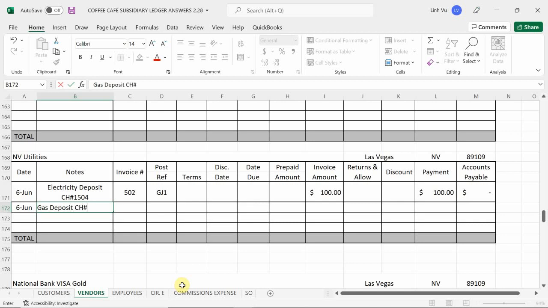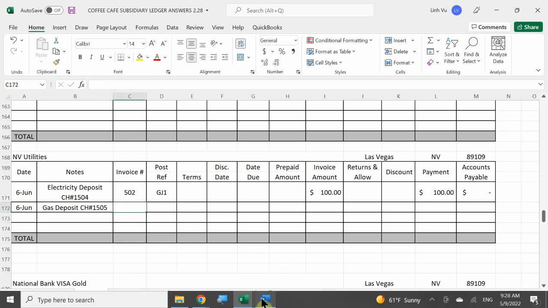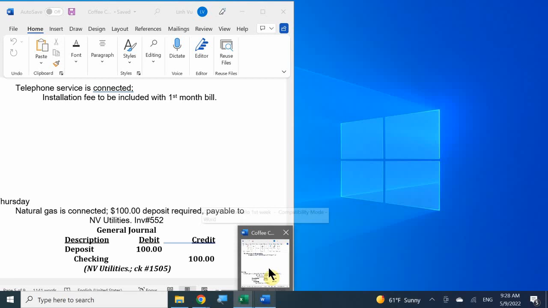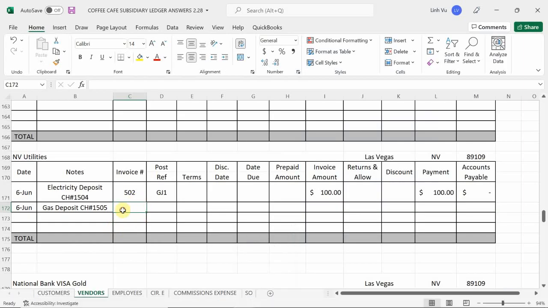Check number 1505, because that's proof that we paid it. This was invoice number 552. Still on General Journal page 1. And the invoice was for $100. And we made a payment of $100.